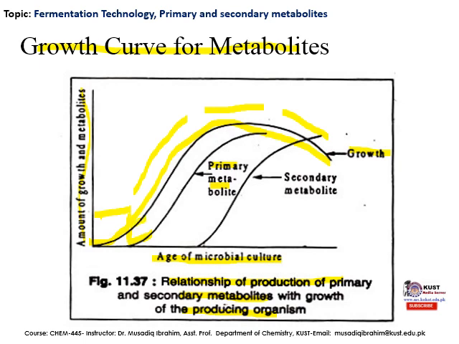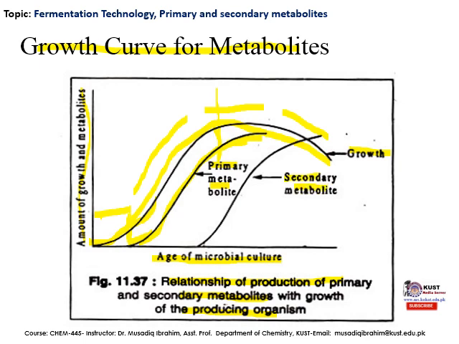Along with the growth of the microbial cells, the primary metabolites are also increasing, up to a maximum at the stationary phase. When it reaches the stationary phase, the primary metabolites are also in the stationary phase.